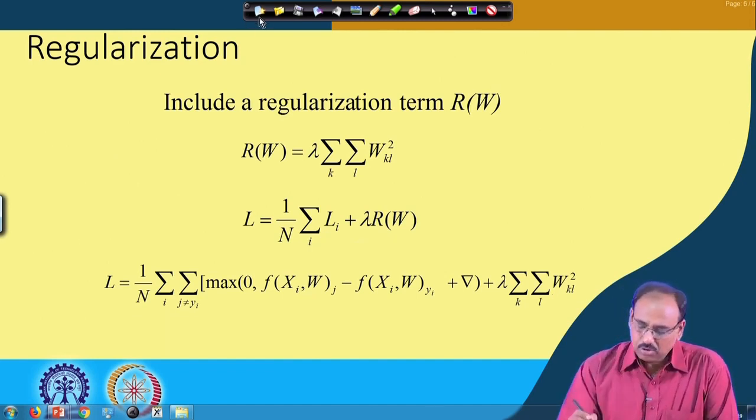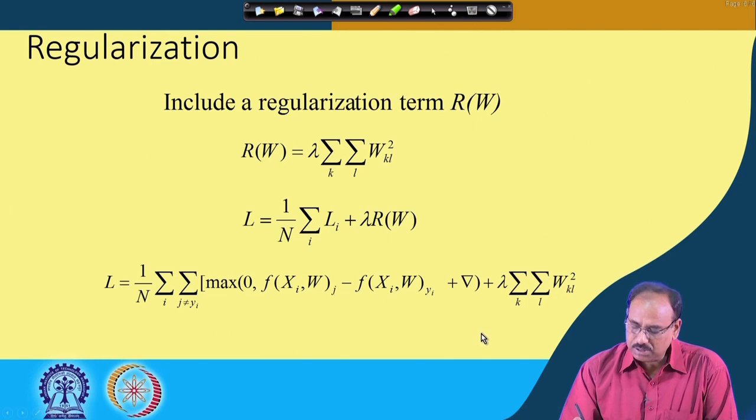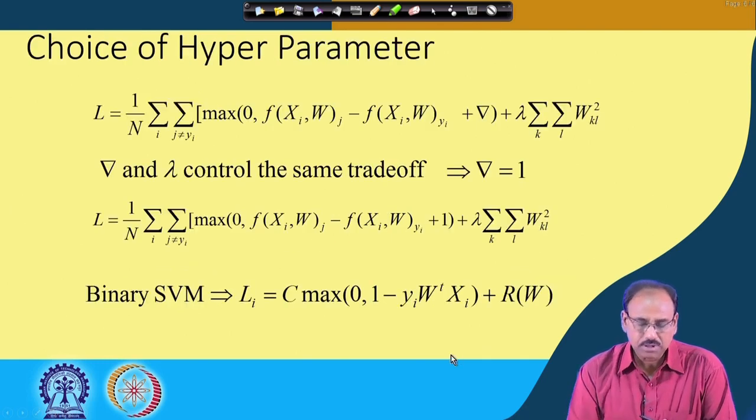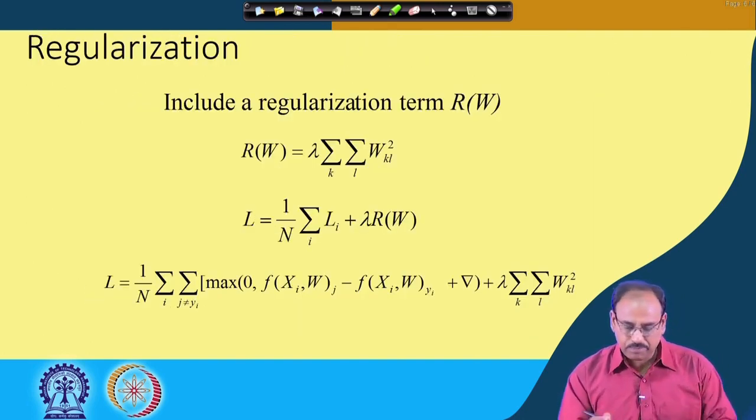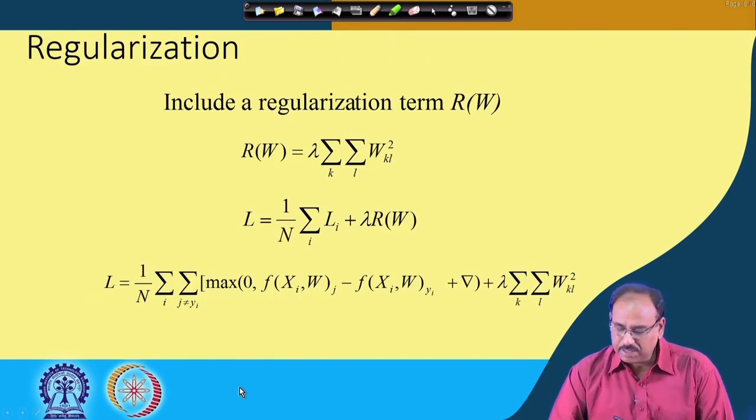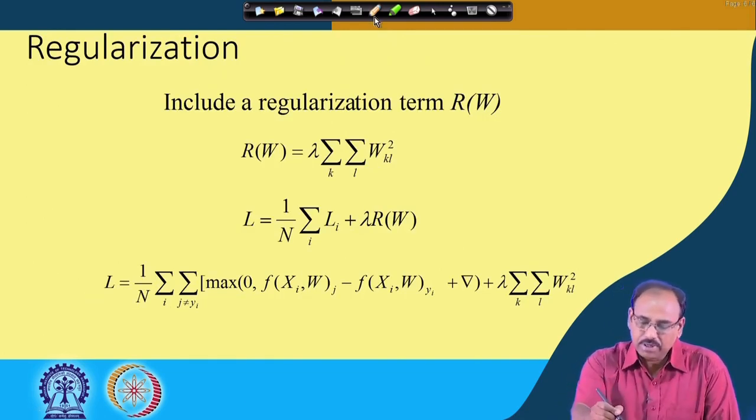So, given this overall loss function, now what we need to do is optimize or minimize this loss function. And in addition to that, we have to also choose the hyperparameters. So, if you look at the previous expression, you find that we have got two hyperparameters over here.